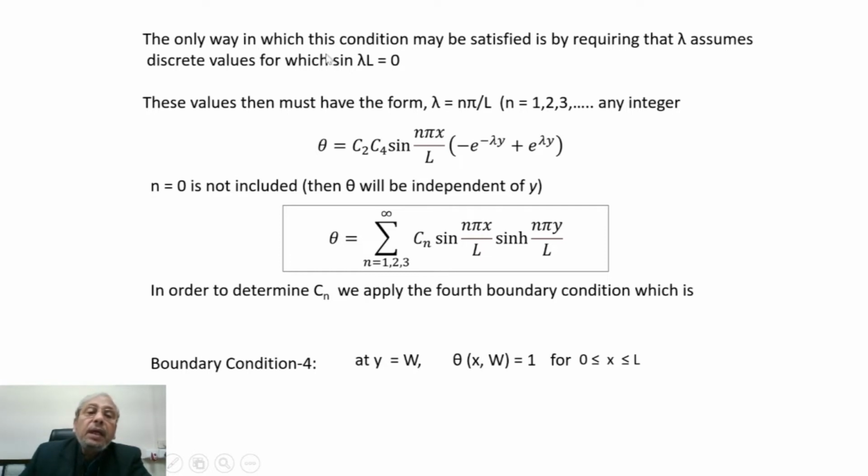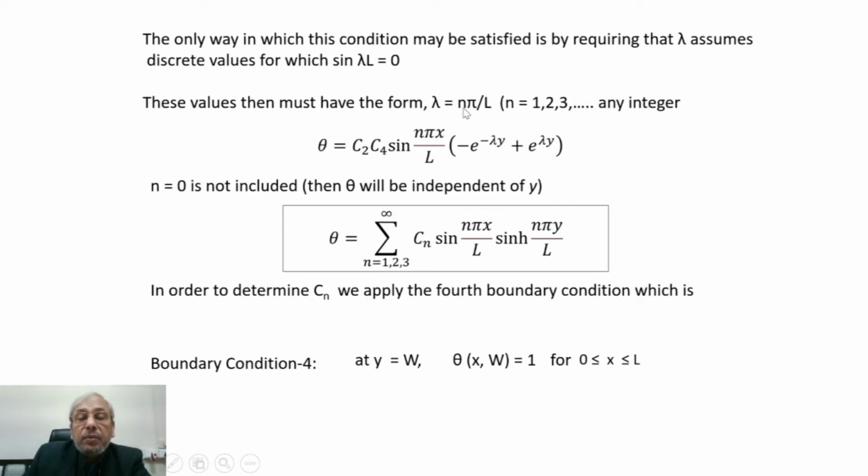One way in which this condition may be satisfied is by requiring that lambda assumes discrete values for which sin lambda L equal to 0. These values then must have the form lambda equal to n pi by L, because lambda has to be such that sin lambda L is 0.